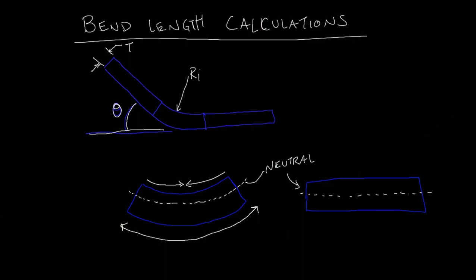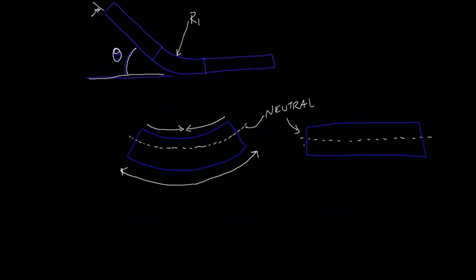Okay, so now if we know that this neutral axis is the same length, then we can calculate the length of this bent shape based on the geometry of the bent shape here. We do that by using the SOAR formula, as I call it.